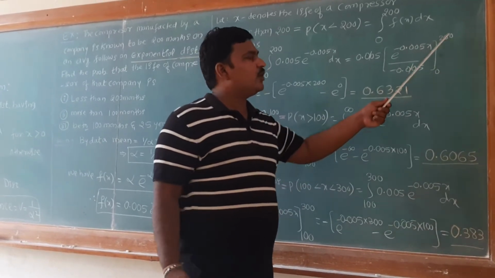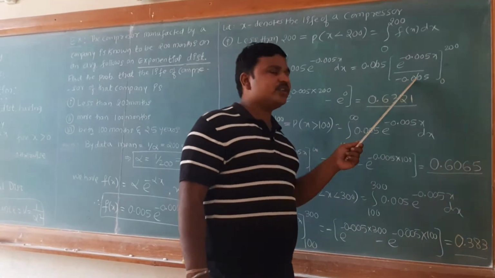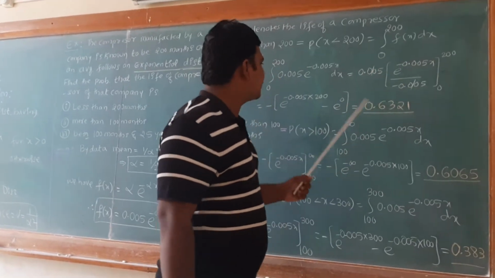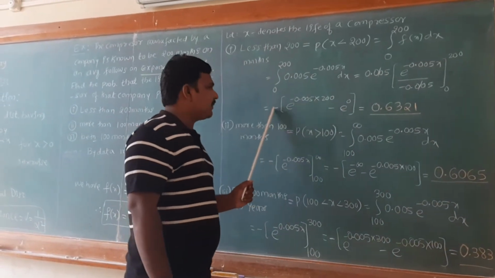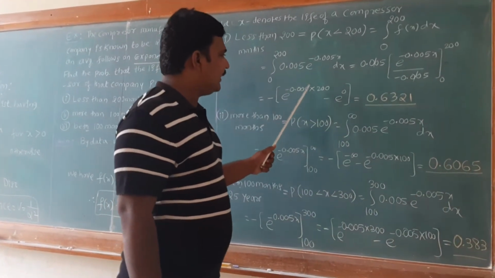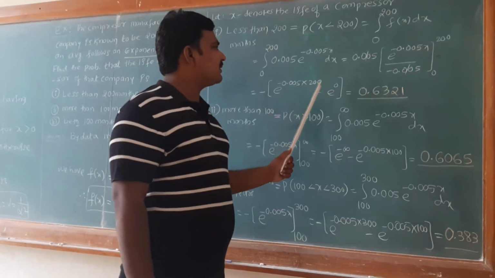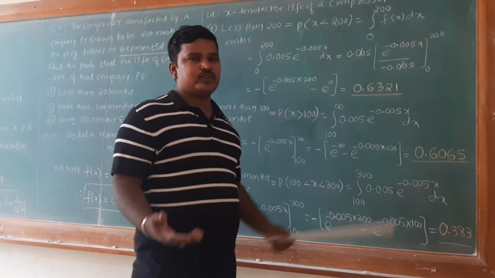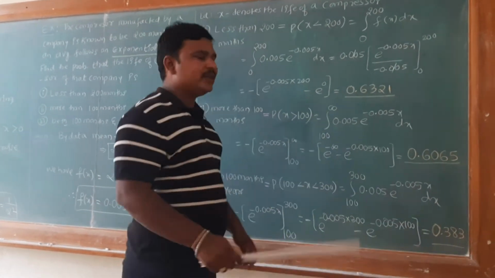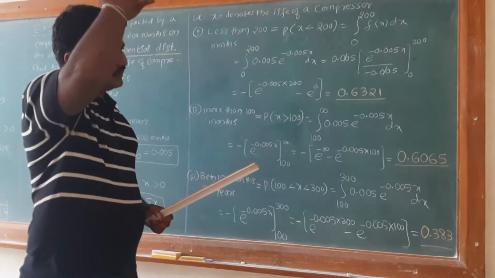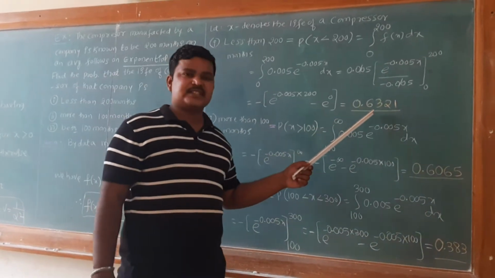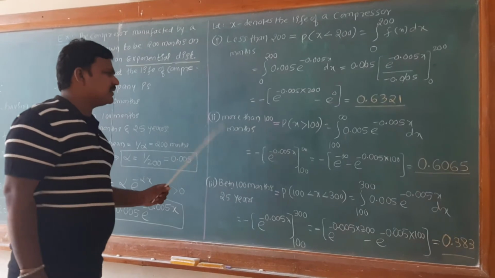Here the limits are x values. The constant 0.005 and minus 0.005 cancel, leaving the minus sign. Put in the upper and lower limits: minus of e raised to minus 0.005 times 200 minus e raised to 0, and 0 times 0.005 is 0 only. After simplification, we get 0.6321. This is the first value: the probability of less than 200 months is 0.6321.